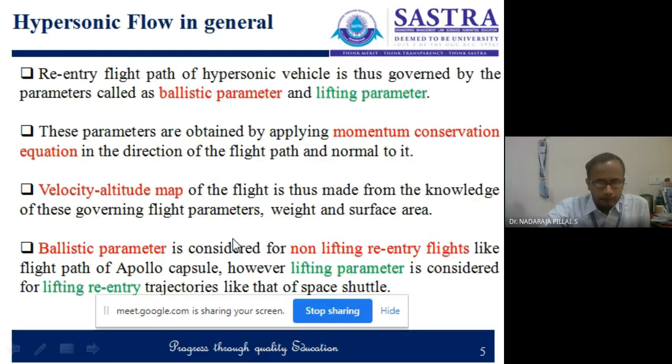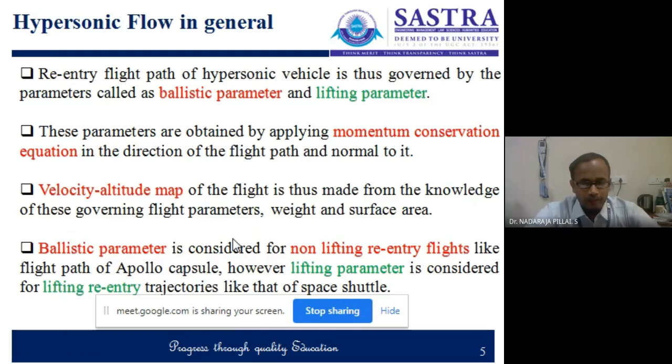So we have a consideration in the re-entry flight. In the re-entry flight path, there are two parameters we need to consider. One is the ballistic parameter and another one is the lifting parameter. These parameters are basically obtained from the momentum conservation equation, in the direction of the flight path and normal to the flight path.